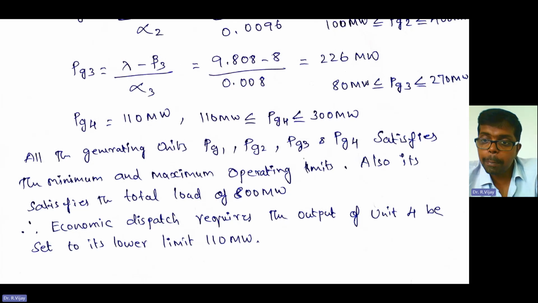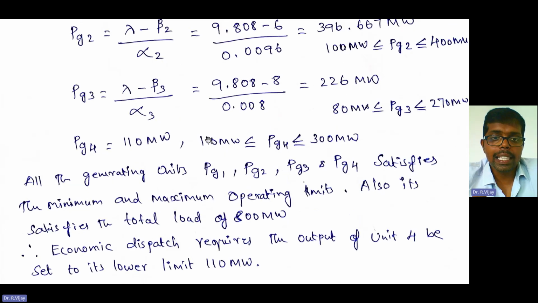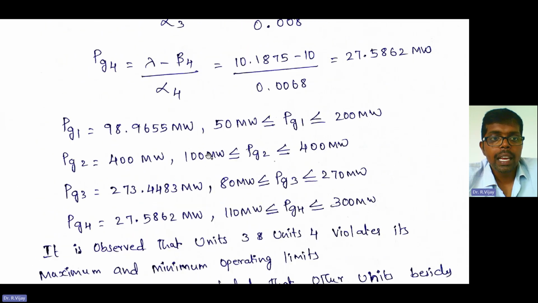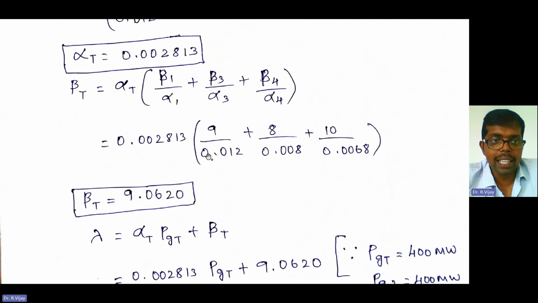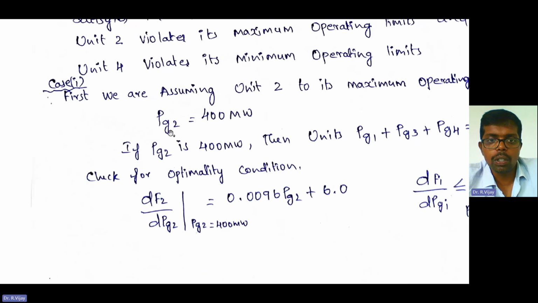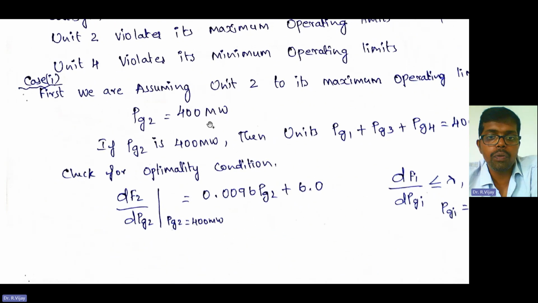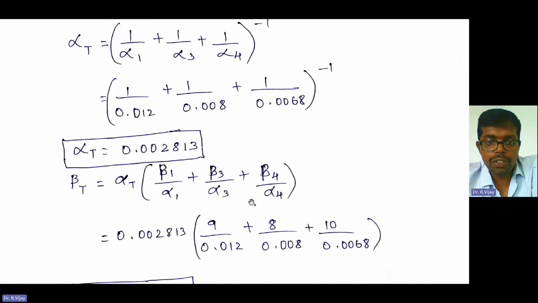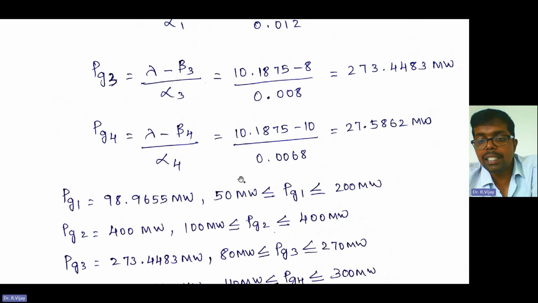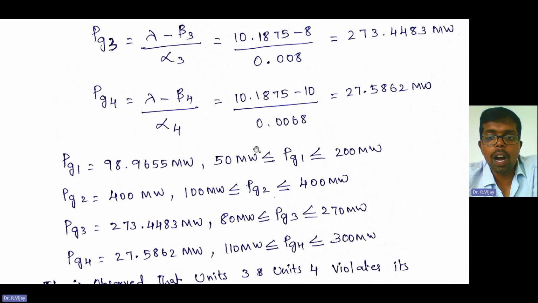But in the previous case, we fixed the second generating unit, no? While solving, we fixed the second generating unit at 400 megawatt, and further we solved. That answer, even though it satisfies the demand, does not satisfy the minimum and maximum operating limits. So this is wrong.